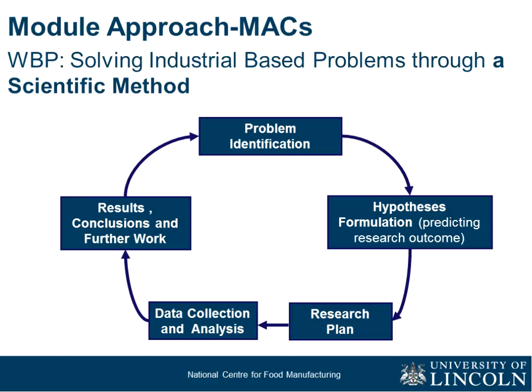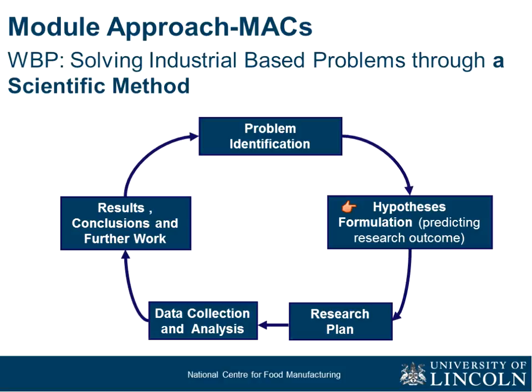Now, let me go to the next part. I mentioned earlier that a work-based project is scientific. It has to be systematic and methodical, because you are solving a problem through a scientific approach. The very first thing you want to do is problem identification. Now, a problem is: what can we do better? How can we do this? Can we do this and reduce our cost?